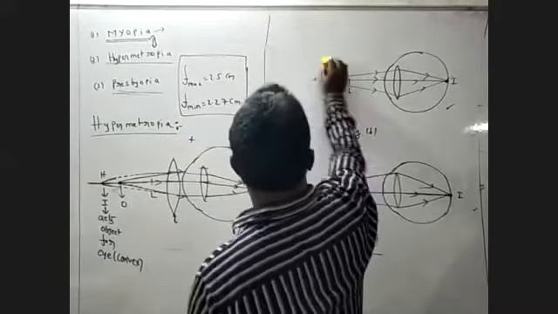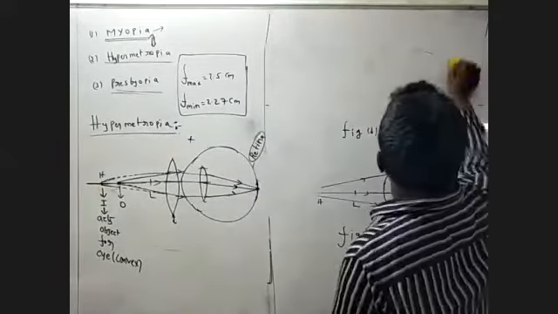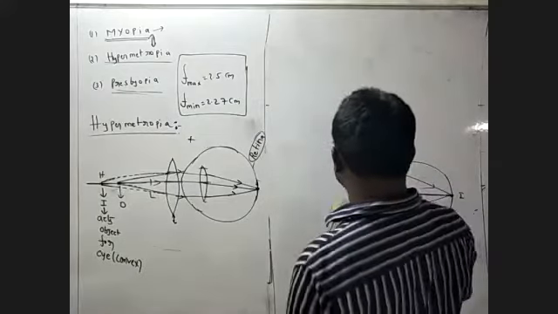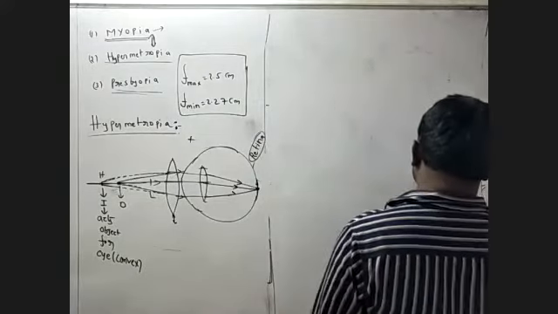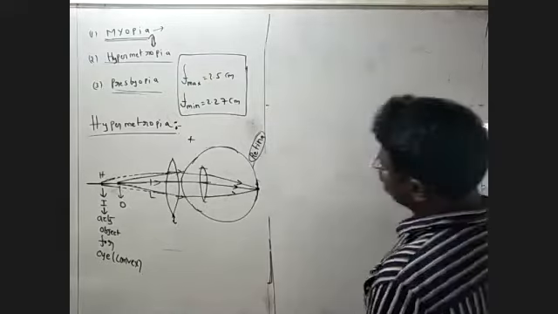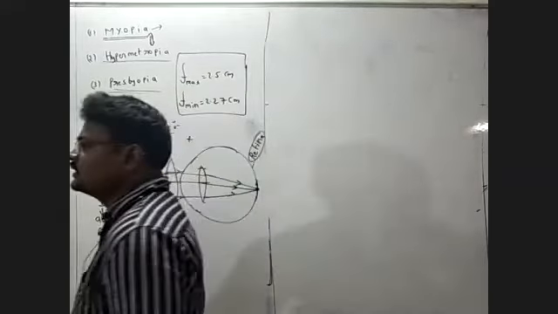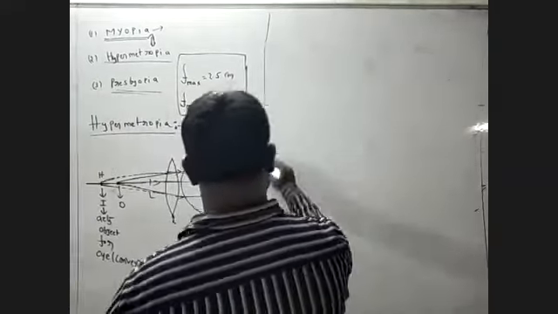There are healthy persons. So where do we have a problem? We have to rectify that problem by using the convex lens. What is the convex lens?